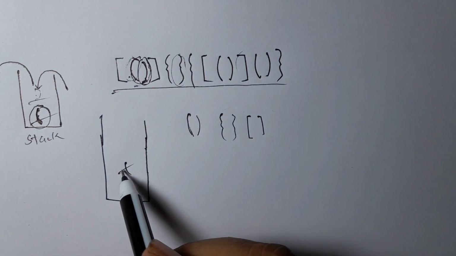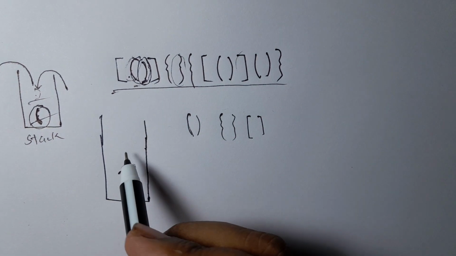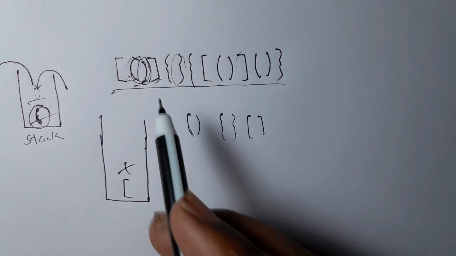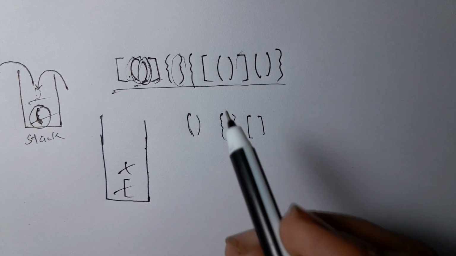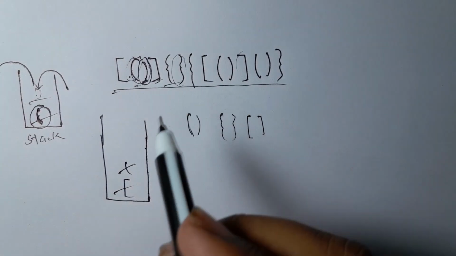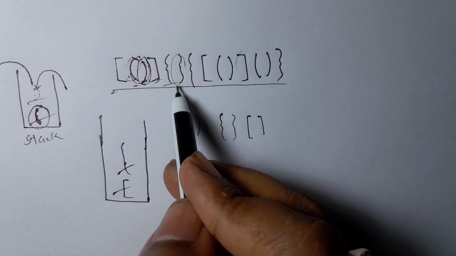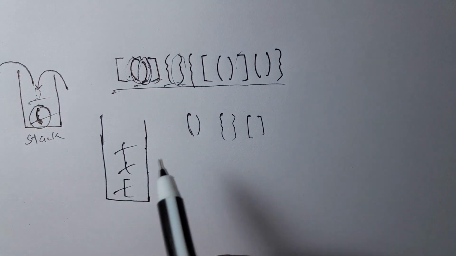So I have popped out. Next I have a closing third bracket, and when I get the closing third bracket, I can see there is an opening third bracket, so we can pop it out. Then I got an opening second bracket and I got a closing second bracket, I popped it out.